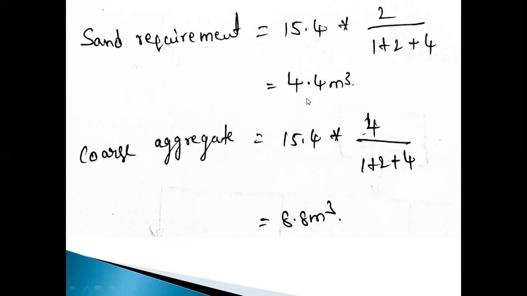Then it is equal to 4.4 cubic meters. It is the requirement of the sand. Next one, coarse aggregate equal to dry volume of concrete into coarse aggregate ratio divided by sum of the ratio. It is 15.4 into 4 divided by 1 plus 2 plus 4. That is equal to 8.8 cubic meter. It is the coarse aggregate requirement.